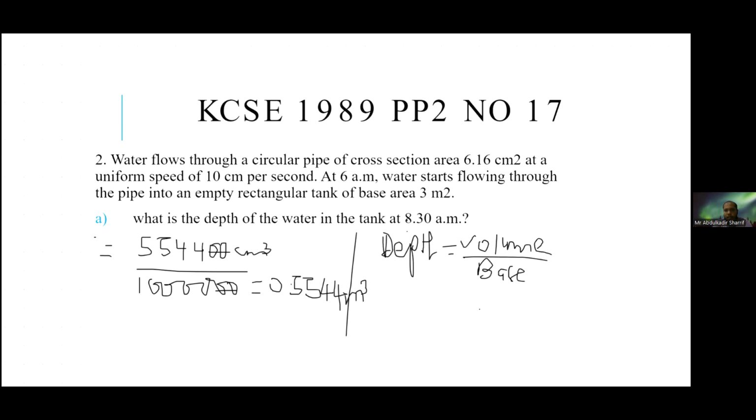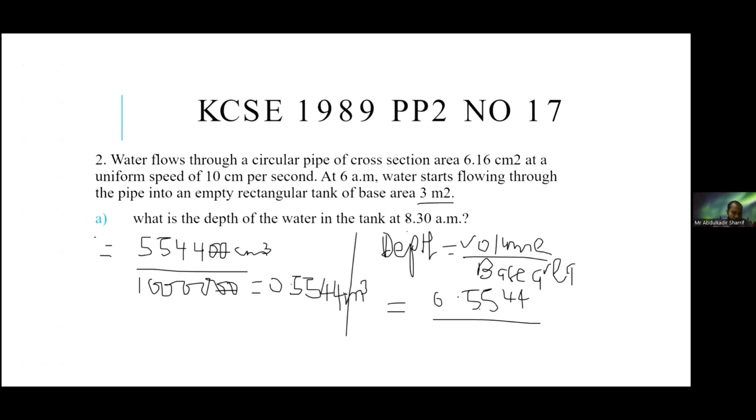So the volume is 0.5544. The reason why I changed it to cubic meter is because of this 3 square meter. The units should be the same. So divide by 3.